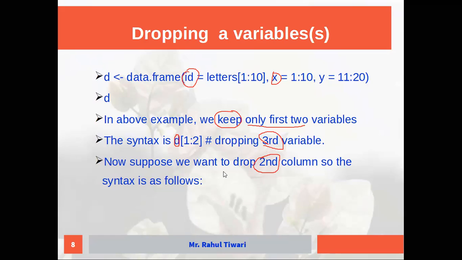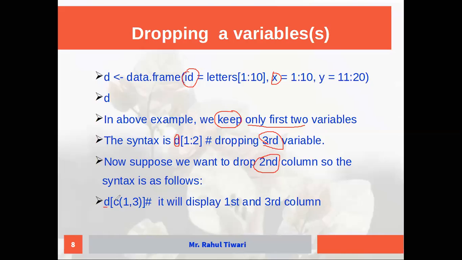So if I give the syntax for this, we are interested in the first and third. What is the syntax? D is your data frame, and C. Why am I using C? Because 2 is in the middle. I cannot use colon here because I need to separate them.